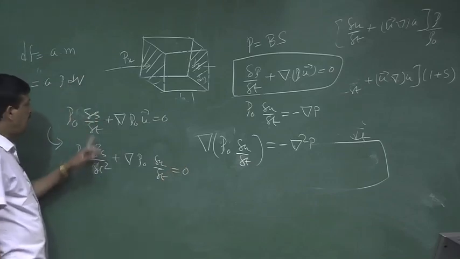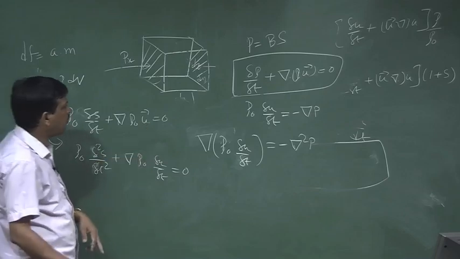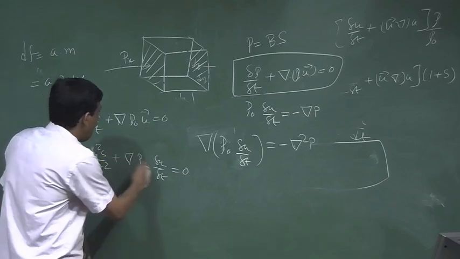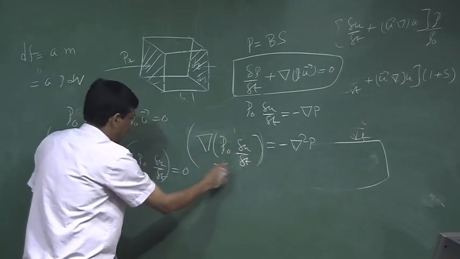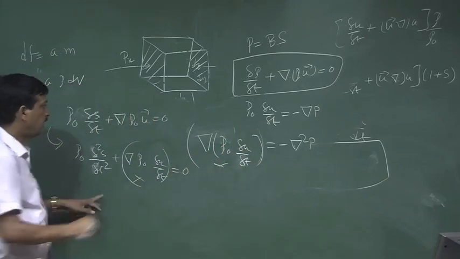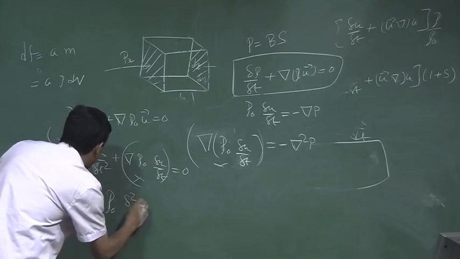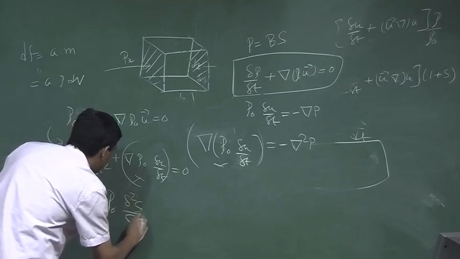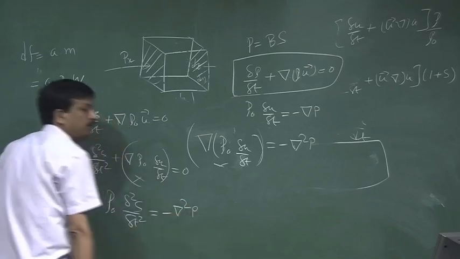Is that okay? I am taking the time derivative of this equation. Now, if you see, this term and this term are the same. So, I can write rho 0 del square s by del t square is equal to minus del square p.